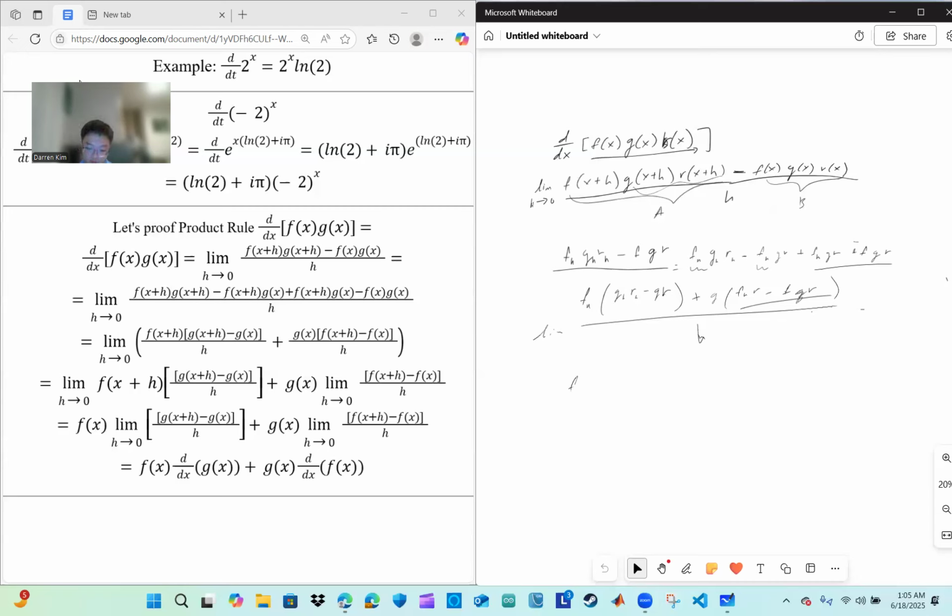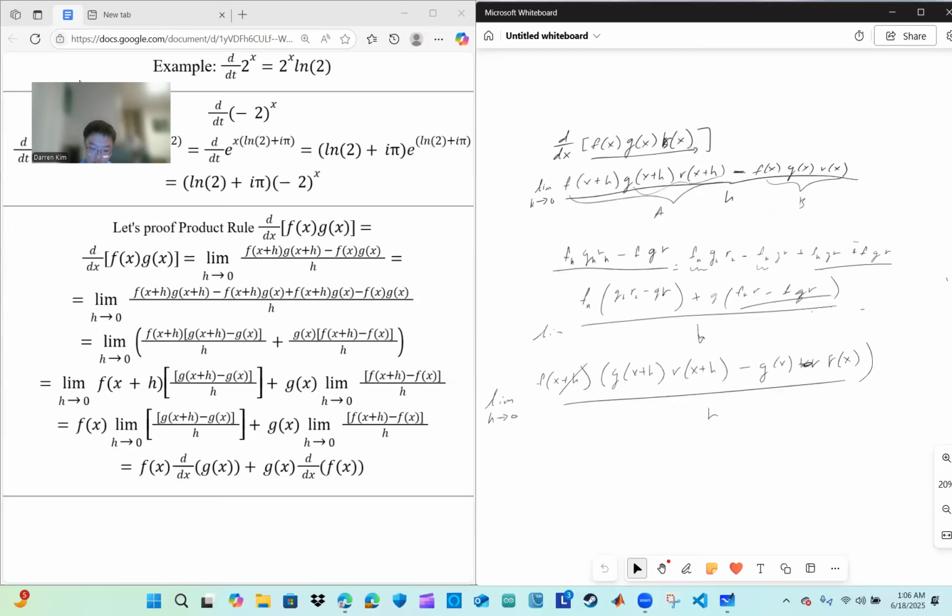So what we have so far, let me show you what I'm trying to say here. This makes perfect sense. f(x), so x plus h over here, by a limit of h goes to 0, right? So we have g(x+h) and r(x+h), minus g(x) r(x), and divide by h.